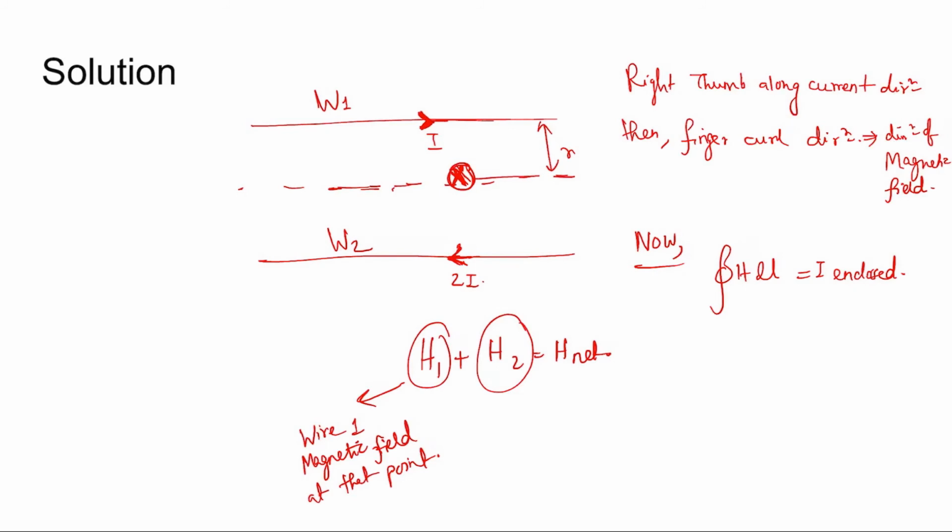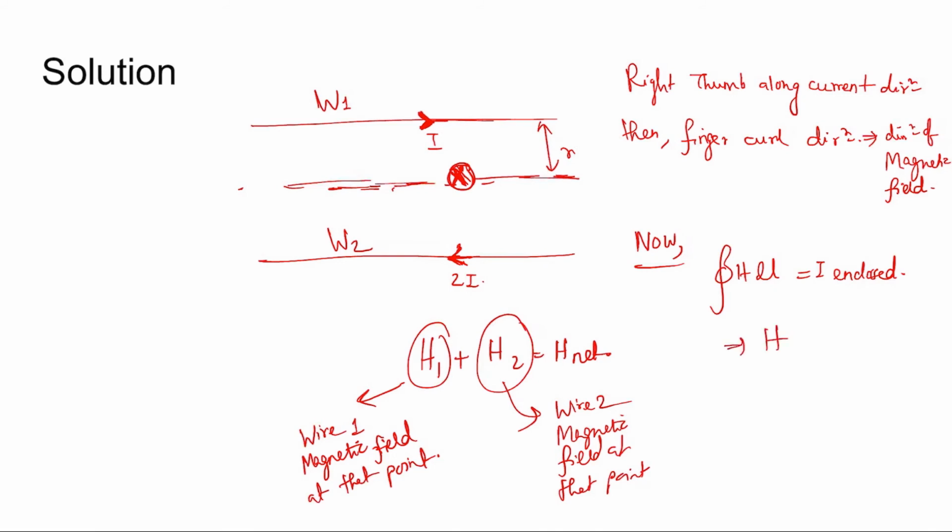This will be the same because the distance from the wires is the same. And H2 is the magnetic field due to wire 2 at that point along that direction. So H net is this.